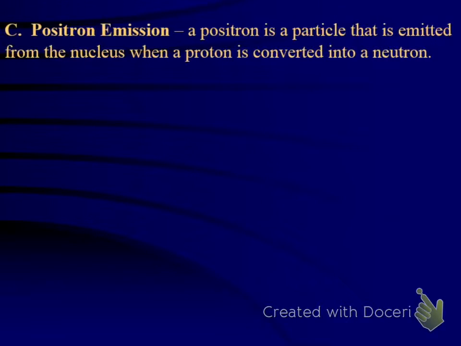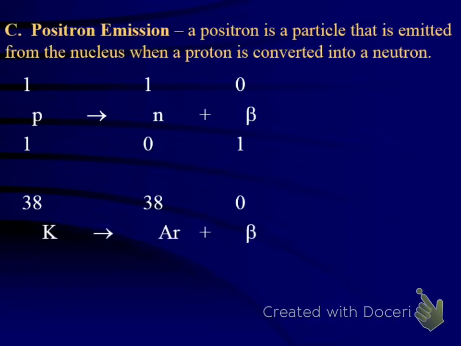Okay? The next one is a positron emission, and it's basically a backwards beta. So in a beta it was emitted, right? In a positron it's added to it. So basically a proton is converted into a neutron, and it looks like this. Oh no, it's electron capture.